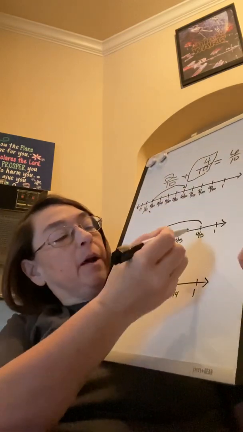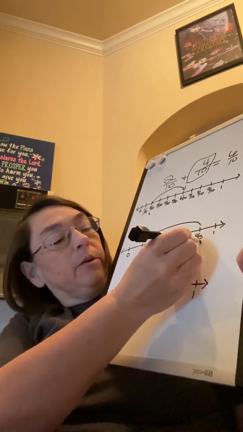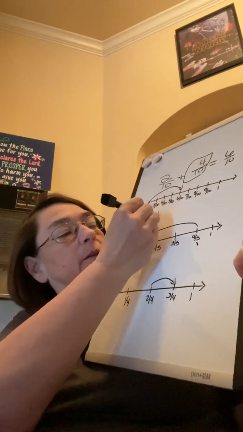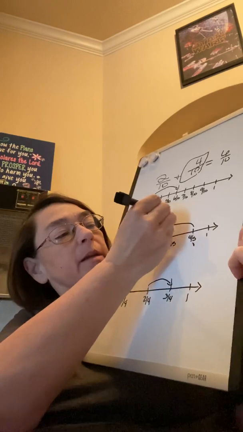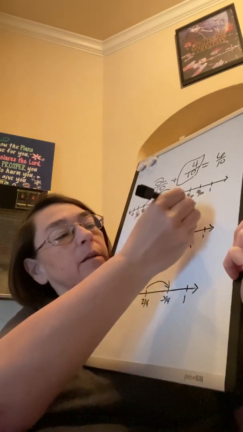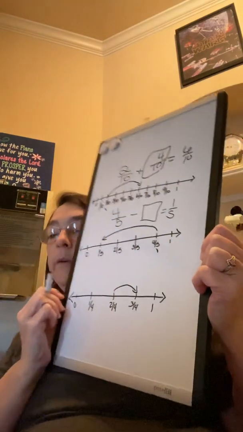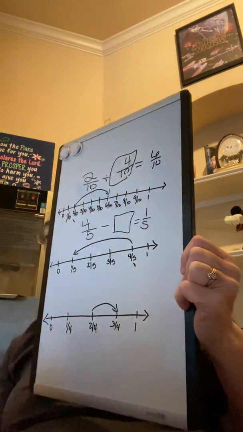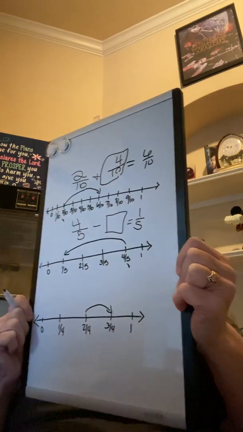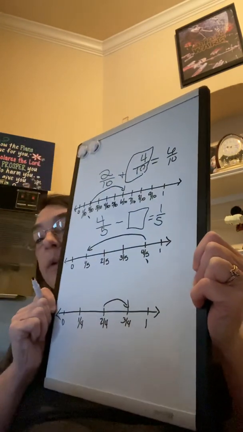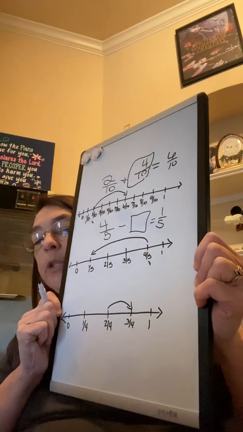Let's do it the other way. All right, so I would start right here with my 4/5 minus something equals 1/5. This is number 6 on page 497. Number 6.